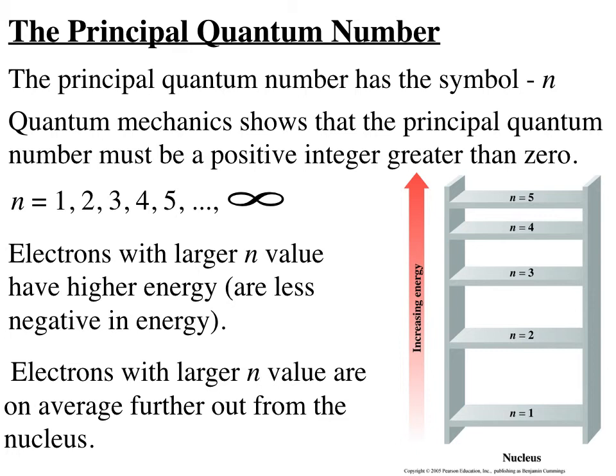As n goes up, the distance of the electron from the nucleus goes up. So all electrons on level 1 have the lowest amount of energy possible, or the most negative amount of energy, and are closest to the nucleus. Electrons on level 2 are slightly higher in energy and are slightly further out from the nucleus, and so forth.